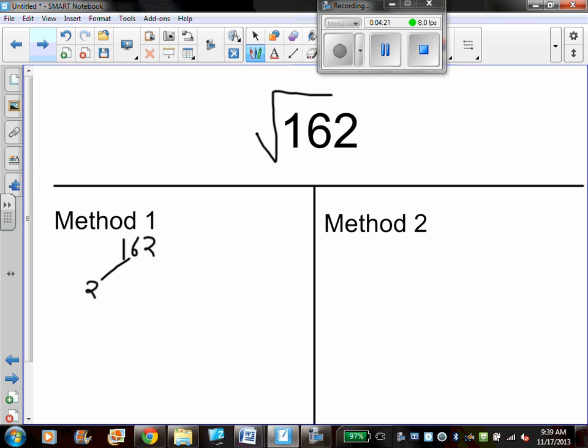So I can split this into 2, and 162 divided by 2 is 81. 2 is prime, so we're going to circle it. 81 is 9 times 9. Neither of those are prime yet, but these 9's are going to split into 3's, which are prime.